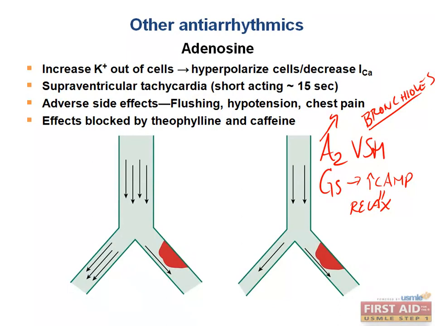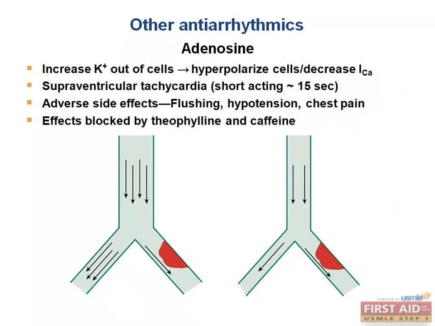So how can we block the effects of adenosine if your patient is having these side effects of flushing, hypotension, and chest pain? We use two drugs that have a very similar structure to adenosine. So the adenosine molecule is a very important structure because we have very similar presentation that you must know from your biochemistry section.